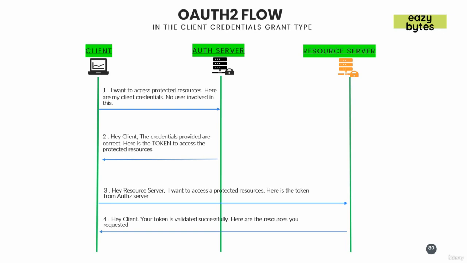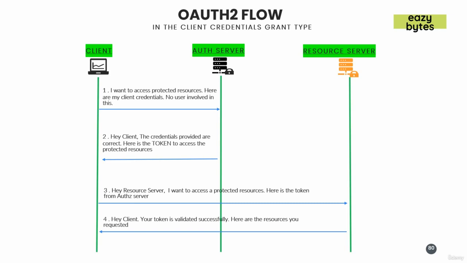Once my auth server, which here is the KeyCloak server, validates the client credentials, it will hand over a token to the client. And once the access token is given to the client, my client will invoke the resource server directly with the access token to get the response. If the access token is valid, my resource server will give a proper response to my client.